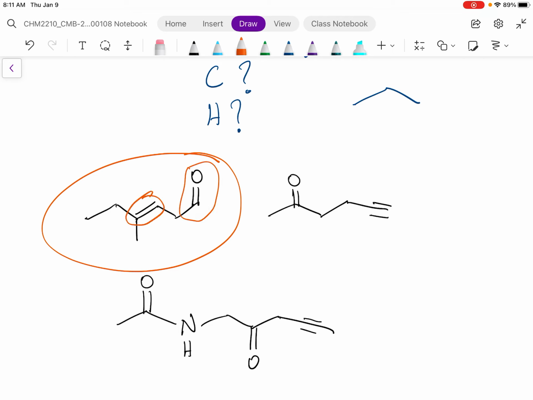But this piece right there, what's that? That is called an aldehyde. Okay, so class, how many carbons are in this molecule? 6? 7? Anyone want us to go 8? No?